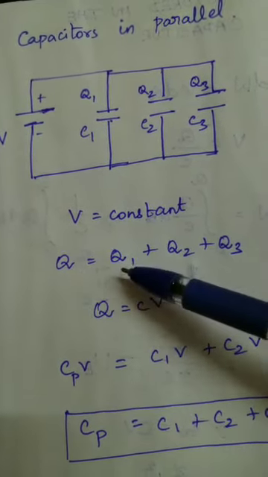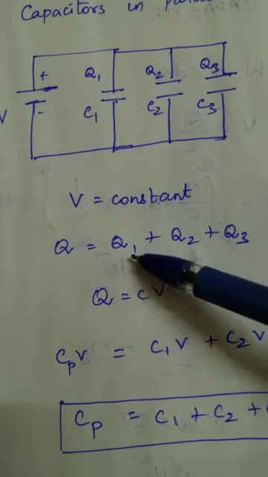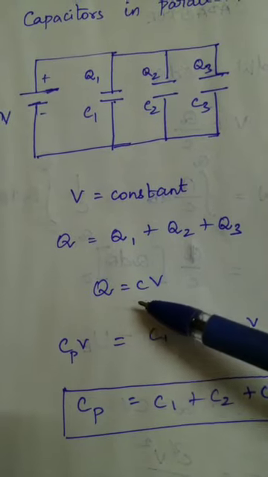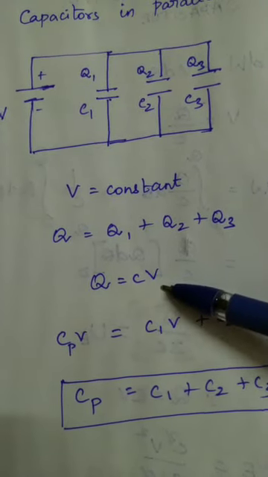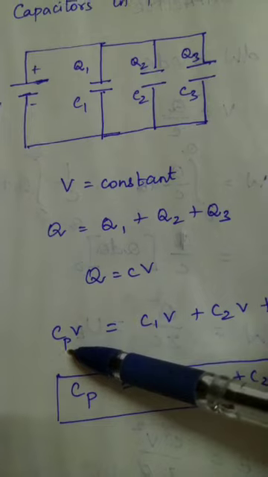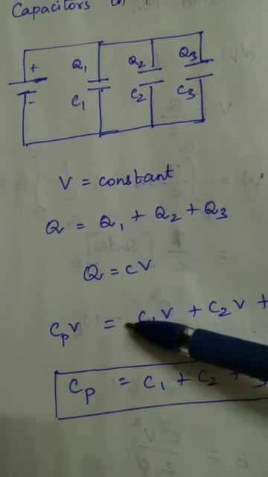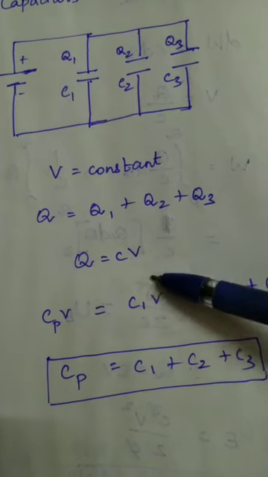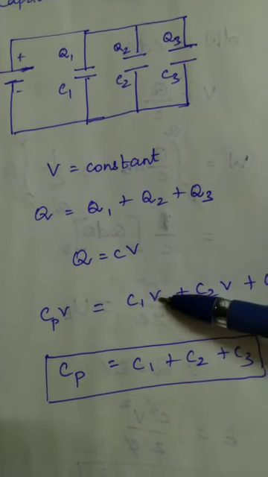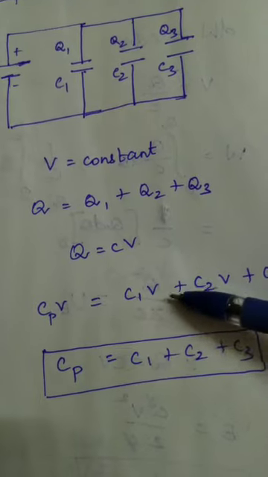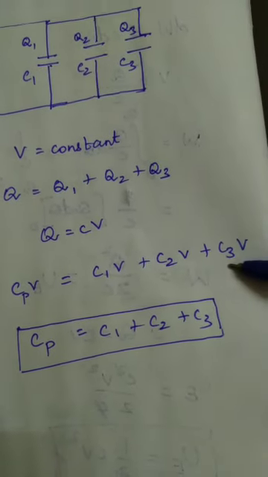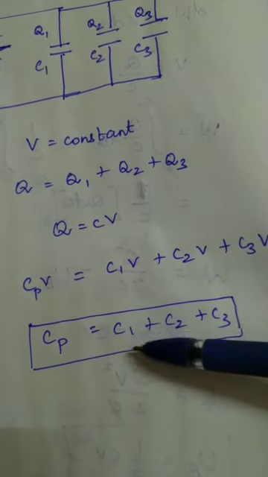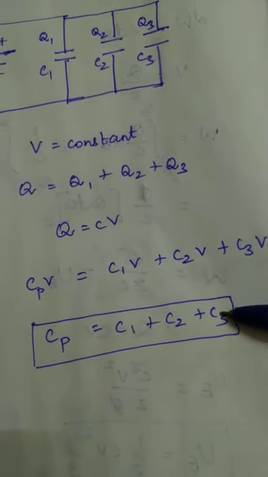Q is equal to Q1 plus Q2 plus Q3. We already know that Q is equal to CV. Then CpV equals, instead of Q1 we substitute C1V because the potential is constant here, plus C2V plus C3V. So V gets cancelled, and Cp is equal to C1 plus C2 plus C3.